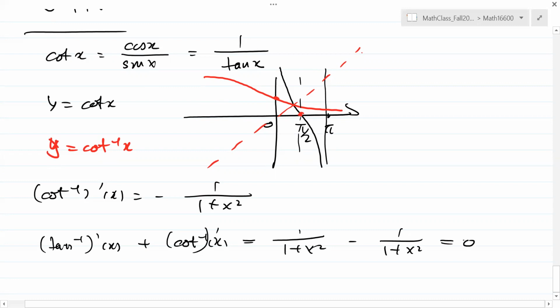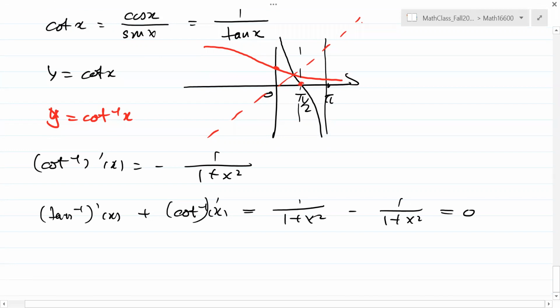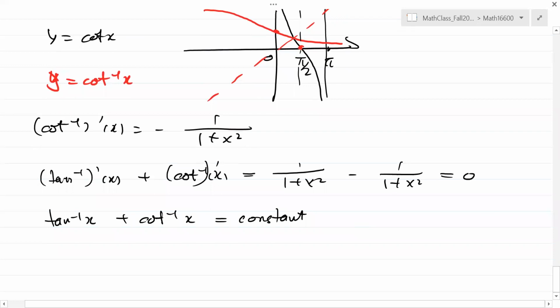So that means the inverse function of tangent plus the inverse function of cotangent will be a constant. But how do you figure out the constant? You just need to plug in a value. X is for anywhere, so plug 0 for x.